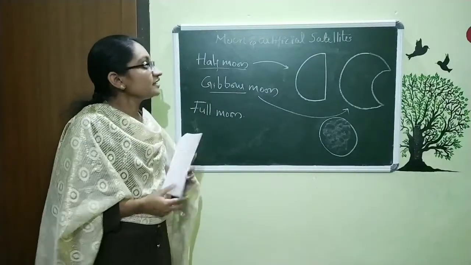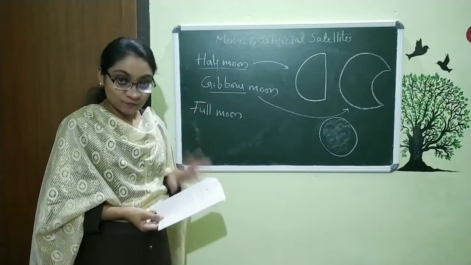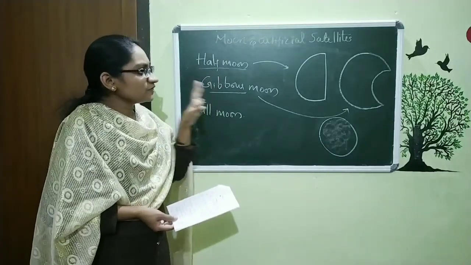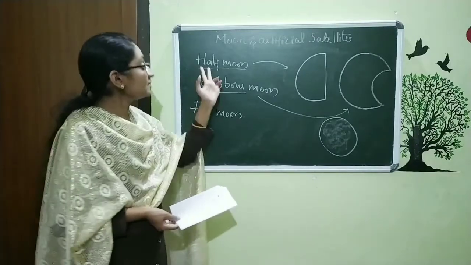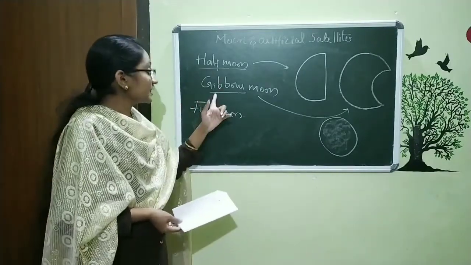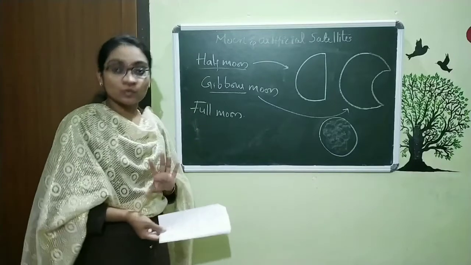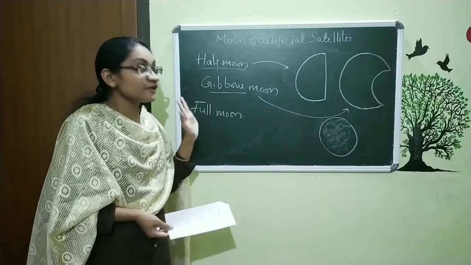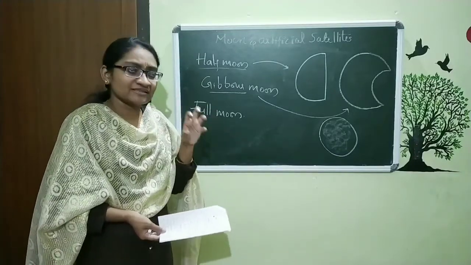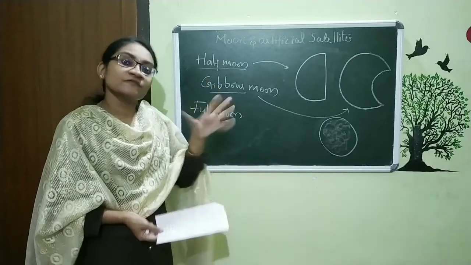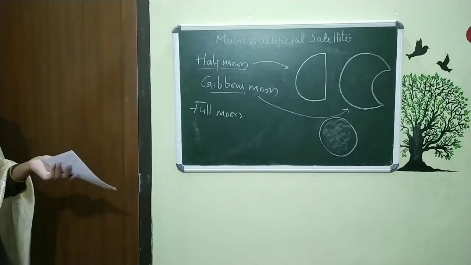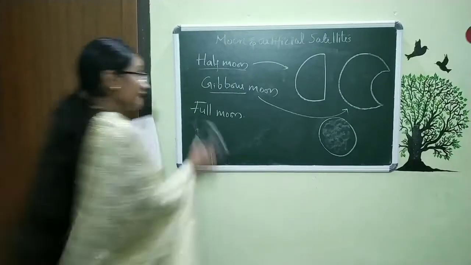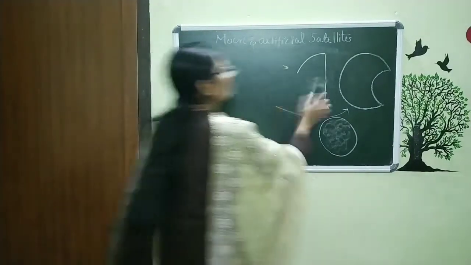So there are different names for the phases of moon: new moon, crescent moon, half moon, gibbous moon and full moon. That means we are just calling different names for different shapes of moon. That's all. You just want to remember these terms, the names, and understand the shape for each.